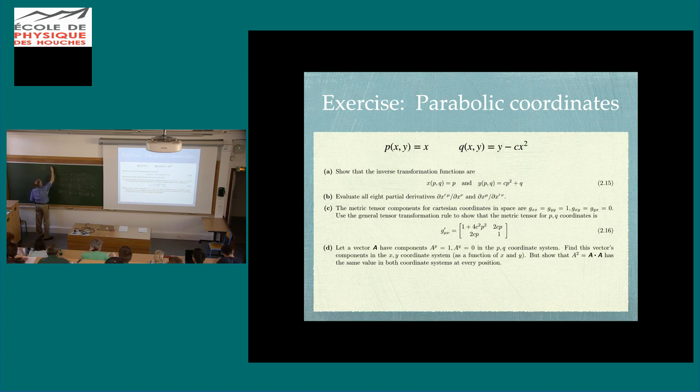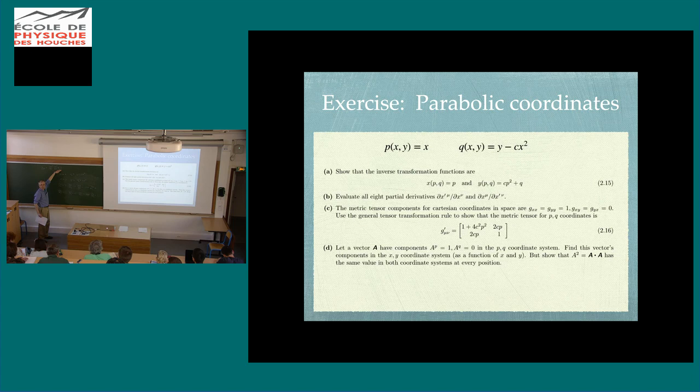So I've got an ∂x^μ/∂p, an ∂x^ν/∂p times g_μν, where this is the background Cartesian coordinate system.